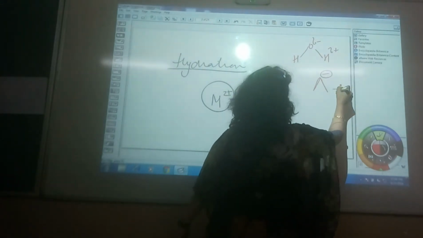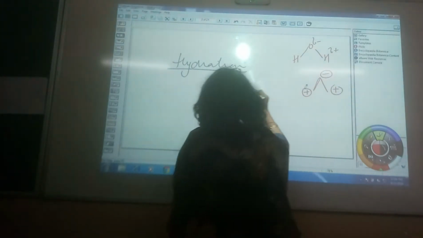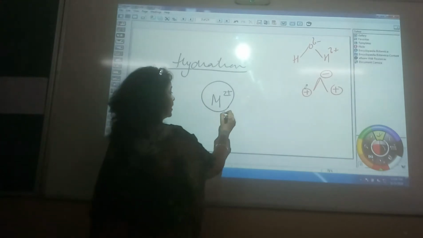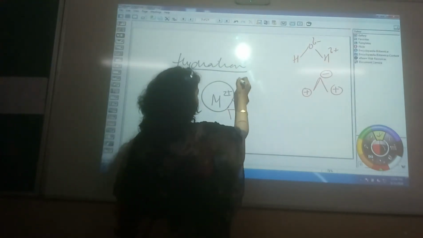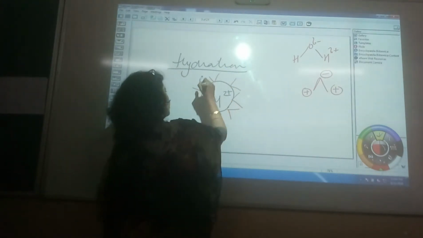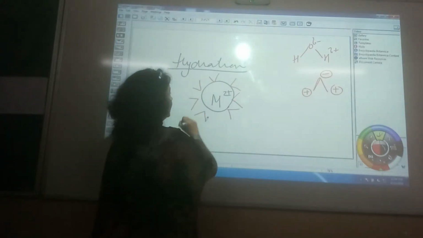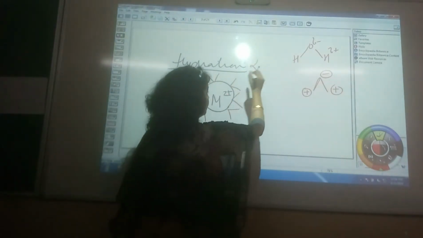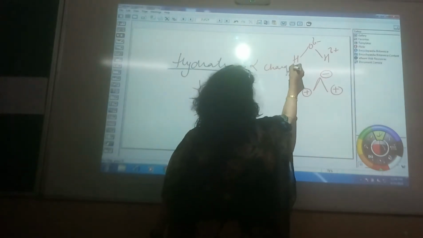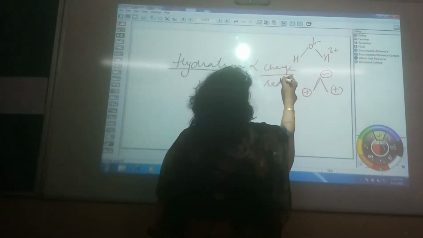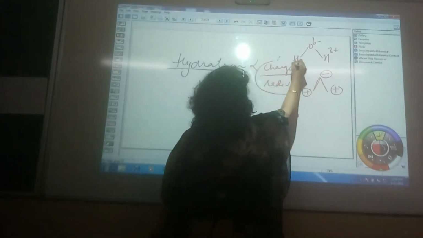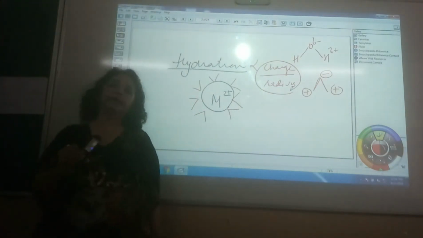This is the minus part, these two are the positive terminals. So your metal ion is attracted by water molecules like this, where the negative part of the water is attracted towards the metal ion. And this hydration energy is directly proportional to the charge of the ion upon the radius of the ion. So it is proportional to the charge upon the radius ratio.